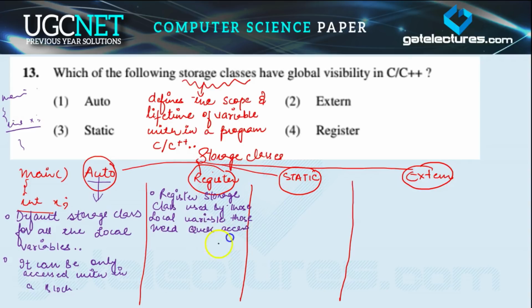Apart from the storage of the variable, all the functionality is the same as the auto storage class. They follow the same functionality as that of the auto storage class.